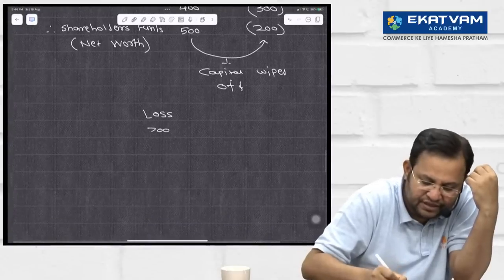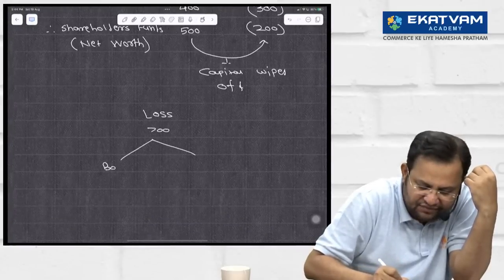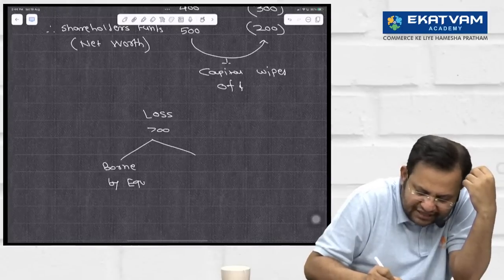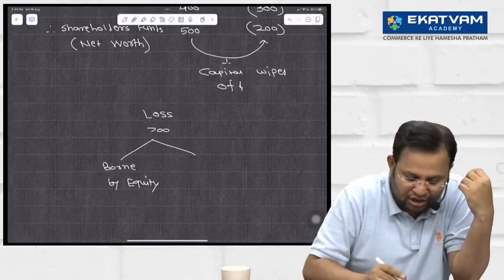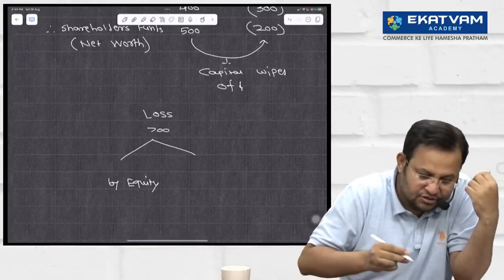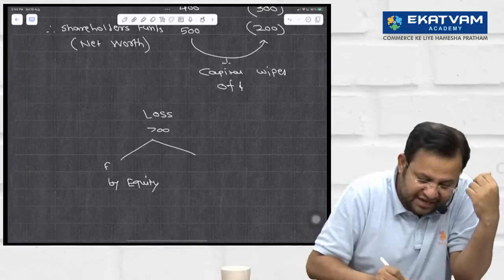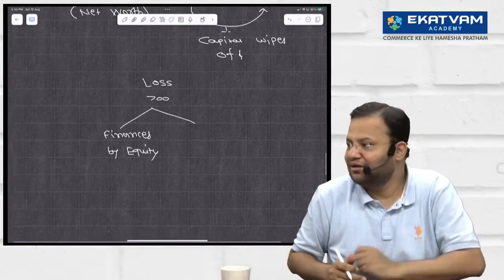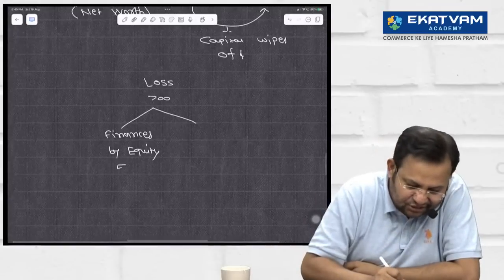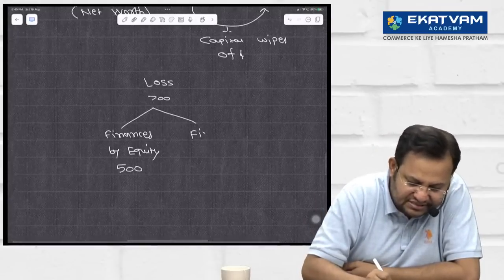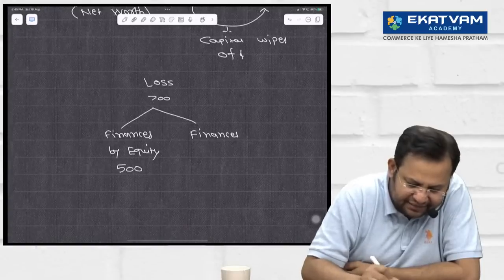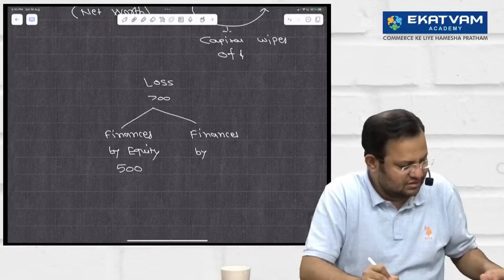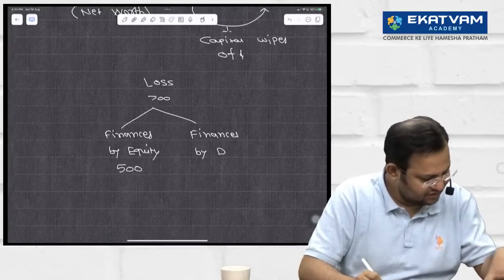Am I right? Financed by equity. Loss means expenditure is more than the income, right? How much has been financed from equity? 500.